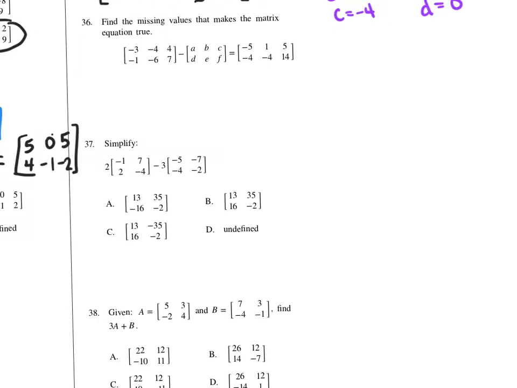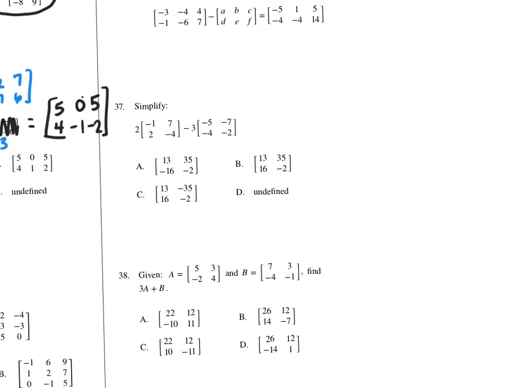Now, the last thing I want to talk about is a problem like 37. You have numbers sitting in the front. We call those scalars, and all they mean is that you're going to multiply each matrix by the scalar number. So for instance, that 2 sitting in the front, you're going to multiply every element in the matrix by 2. So you get negative 2, 14, positive 4, negative 8, minus, and we multiply the second matrix by 3.